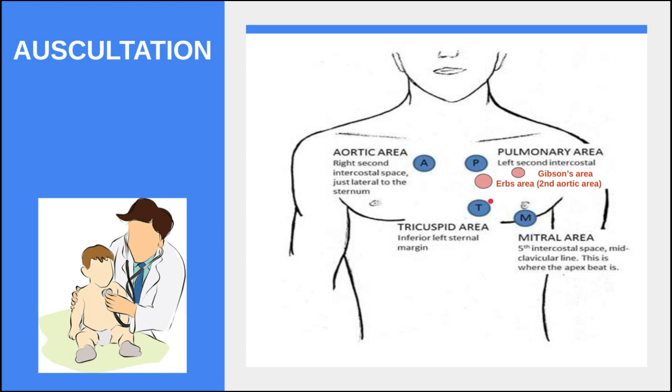Then the tricuspid area is the fourth intercostal space on the left side just lateral to the sternum, and the mitral area is the fifth intercostal space on the mid clavicular line, and this is where the apex beat is.